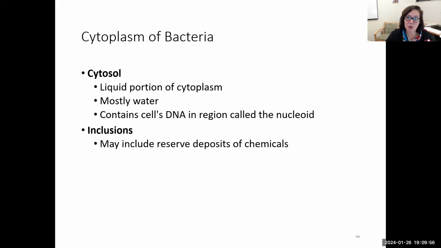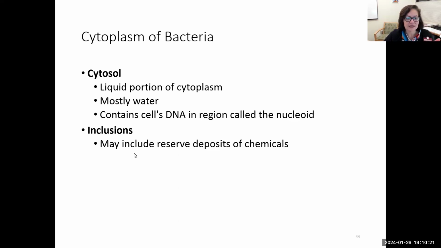If we're talking about prokaryotic cells, remember that there's not a separate nucleus, there's not a membrane around all the DNA, but wherever the DNA is, that is referred to as the nucleoid. So it's like the kernel-like area, and it doesn't have a plasma membrane around it.